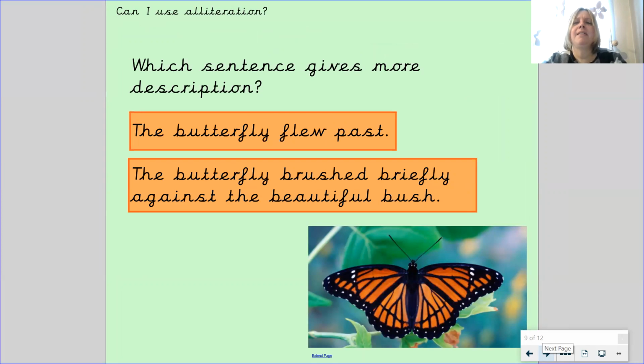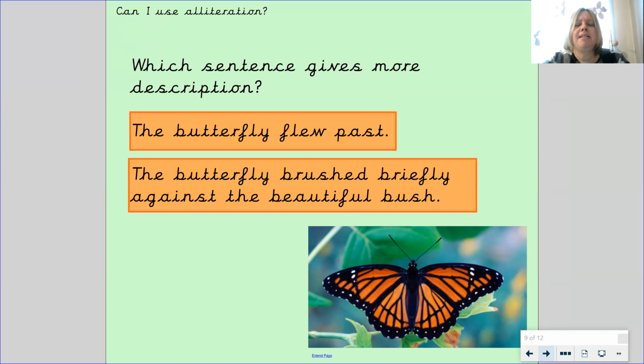Which sentence gives more description? I want you to pause the video, read the sentences out loud, and see which one gives you more description. Let's read our sentences together. The butterfly flew past. Let's read our second sentence. The butterfly brushed briefly against the beautiful bush.